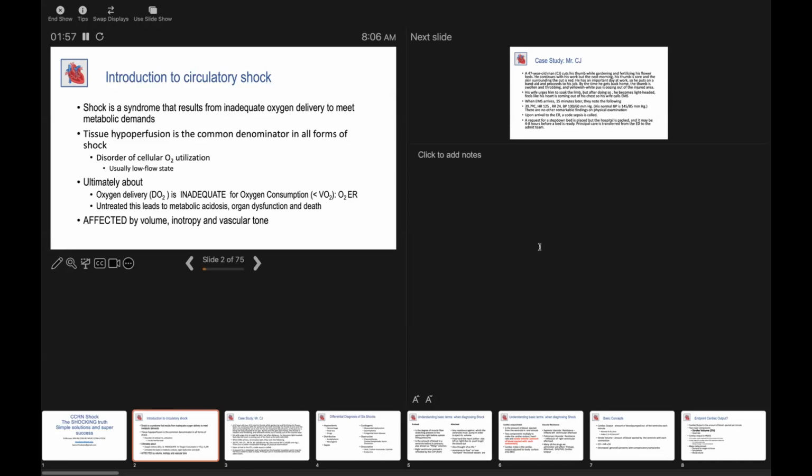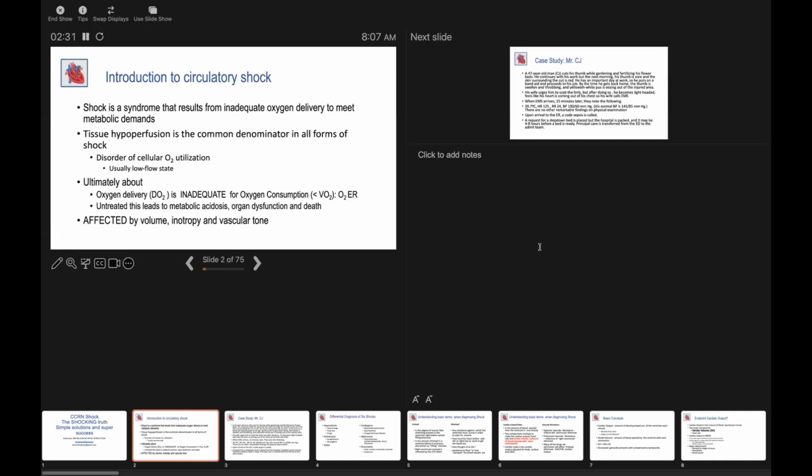So cells demand, and cardiac output, hemoglobin, and saturation deliver. And that means it's really important to be paying attention to your arterial sat. It's really important to pay attention to your hemoglobin, but it's most important to be paying attention to your cardiac output or your stroke volume.